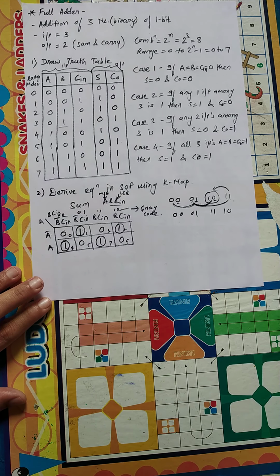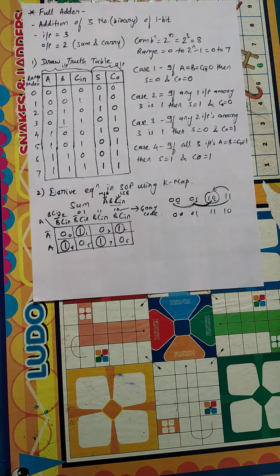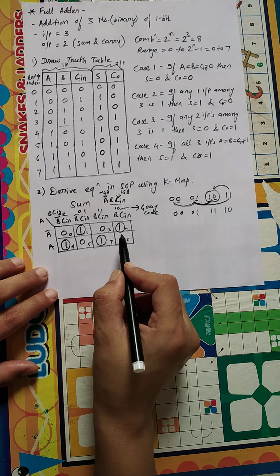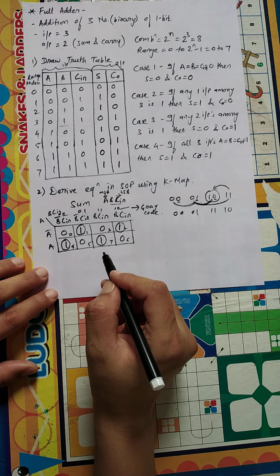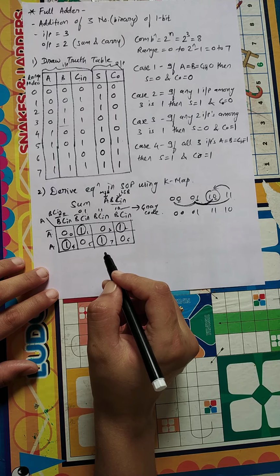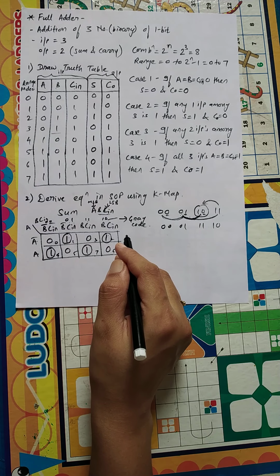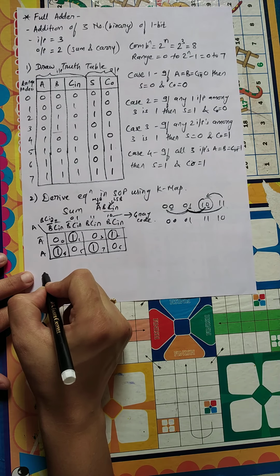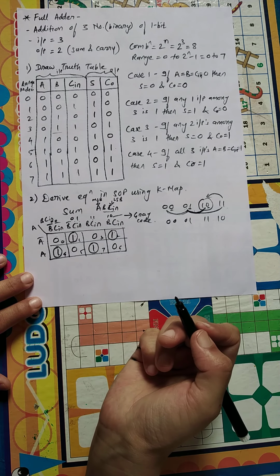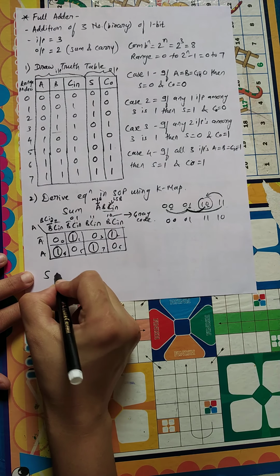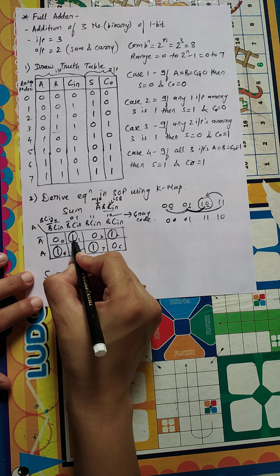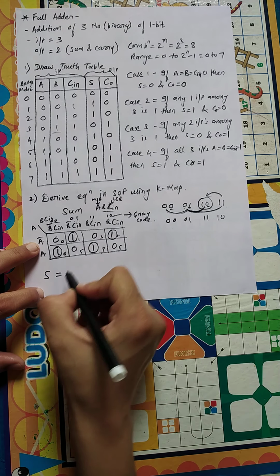As per the K-map, whenever we form a group of a single one, we get an equation in non-simplified form, right? So further, we have to apply Boolean laws and De Morgan's theorems to simplify the expression. So for sum, what will be the equation I get? What will be the product terms?